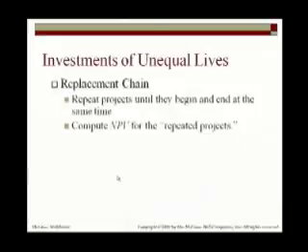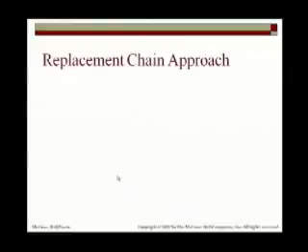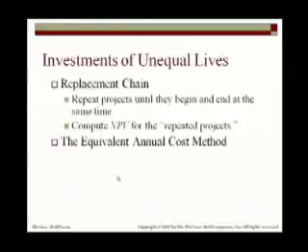And we will repeat projects until they begin and end at the same time. And then we will compute the net present value of the chained project. So the equivalent annual cost method is a little different, and we'll go through an example of that. But in the equivalent annual cost method, what we do is we turn the costs into an annuity that lasts the same length of time as the life of the equipment, and then we compare those equivalent annual costs.